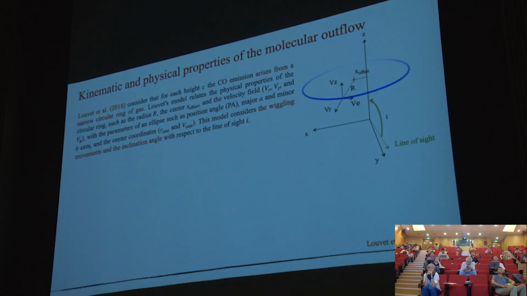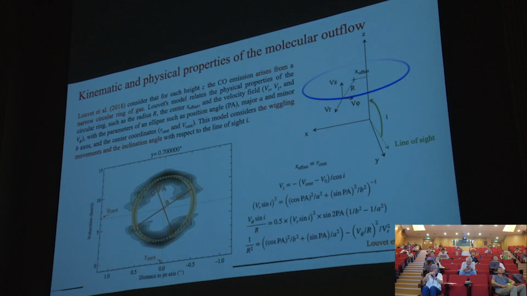In order to obtain the physical properties, we can use the Lovet model too. This model correlates the physical properties of these shells, like cylindrical radius, rotation velocity, and expansion velocity, with the properties of ellipses, like the minor and major axis, the center, and the position angle.